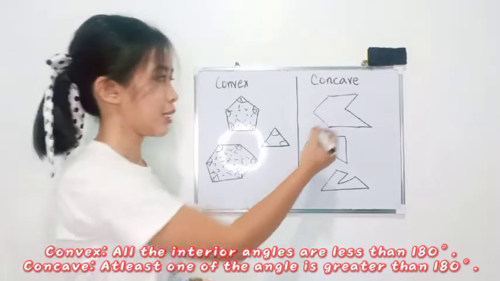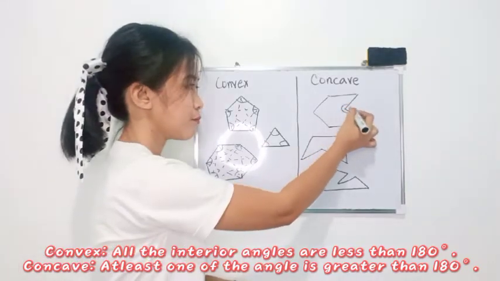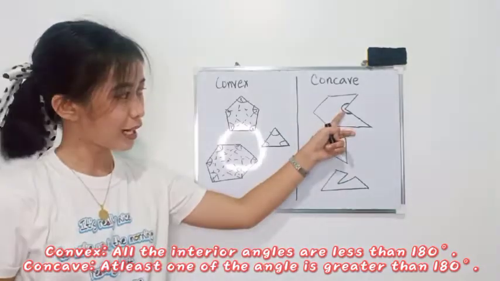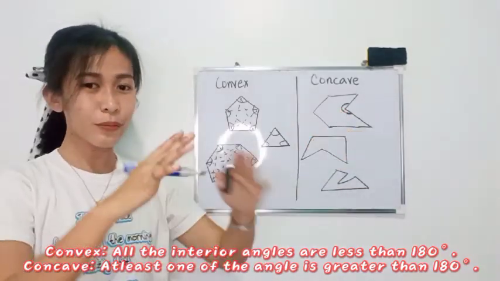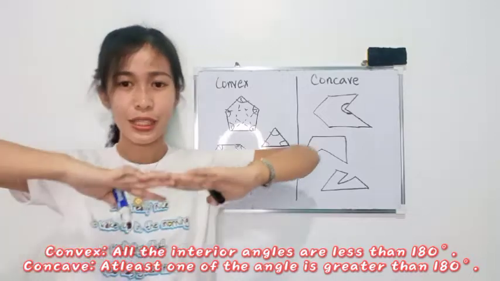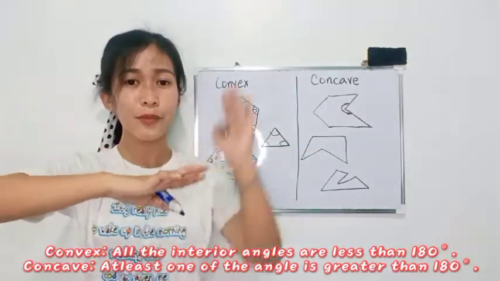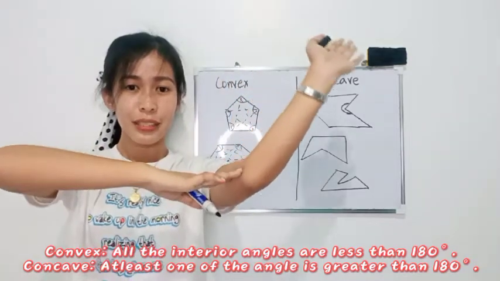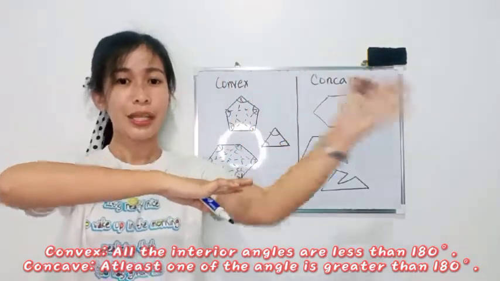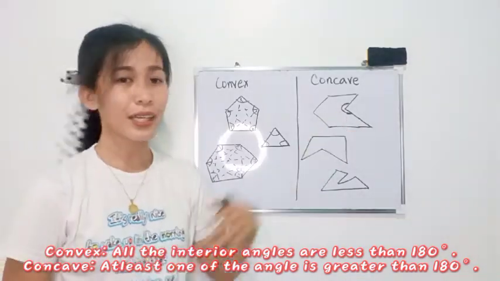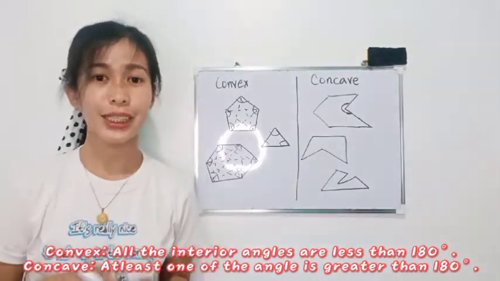For example, this one. Ayan. Bumaba siya sa straight line. Tama? Parang lumiko siya, gumanyan. Ito yung straight line, gumanyan. That is greater than 180 degree. Pero yung pagganyan, yan, less than 180 degree pa yan, okay? Basta kapag bumaba siya like this one, that is greater than 180 degree.